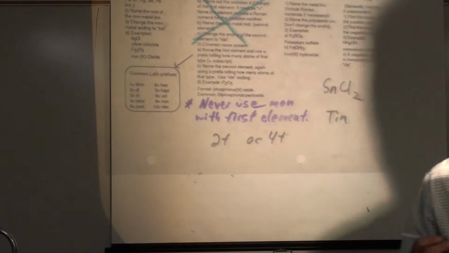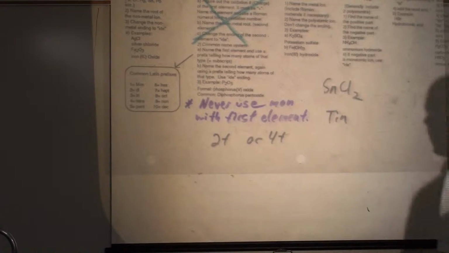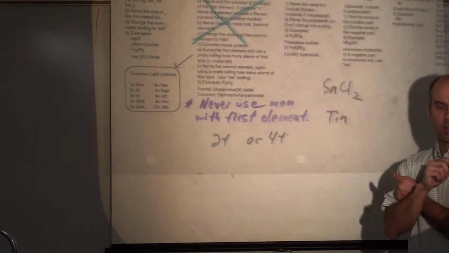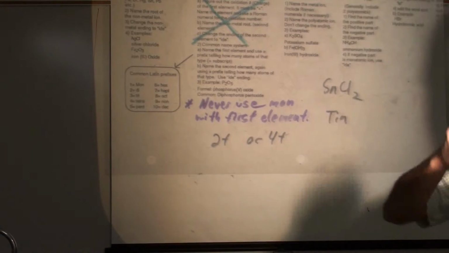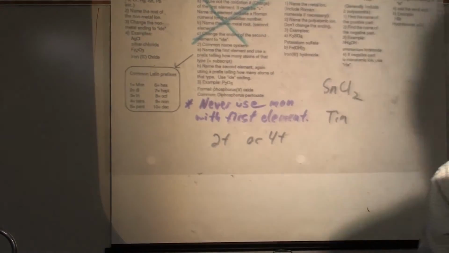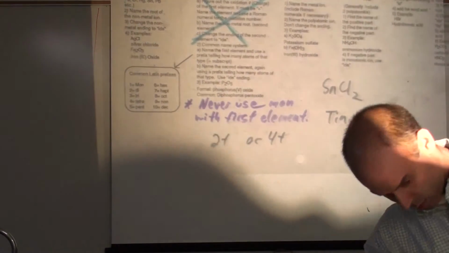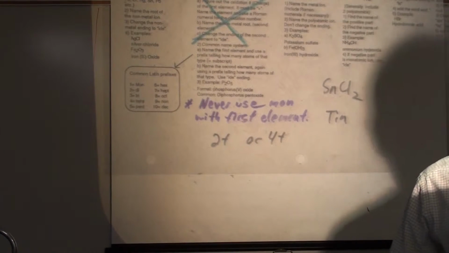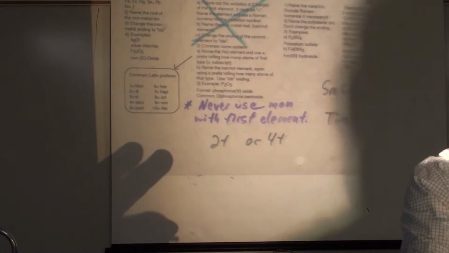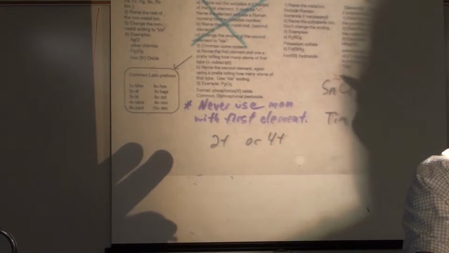So how do I know? Basically what you're doing now is you're reversing the crisscross method. So yesterday we learned how to go from name to formula. We said write the charges in crisscross. Now we're going to basically go backwards. Take that 2, it goes up there.